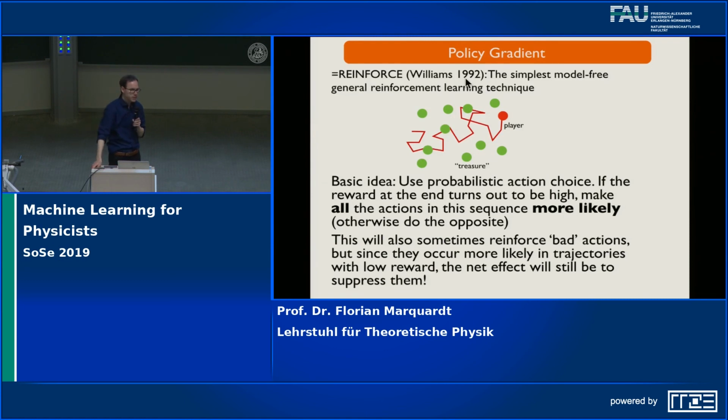So sometimes you even reinforce bad actions, but the good thing is, when actions are really bad, they will more likely occur together with a low reward than with a high reward, because they are so bad. So that means if you run through many training examples, many trajectories, then it's more likely that the really good actions will get pushed up in probability, because the not so good actions will more likely occur together with a low reward, and then they will be diminished in probability. So that's the idea with this policy gradient.